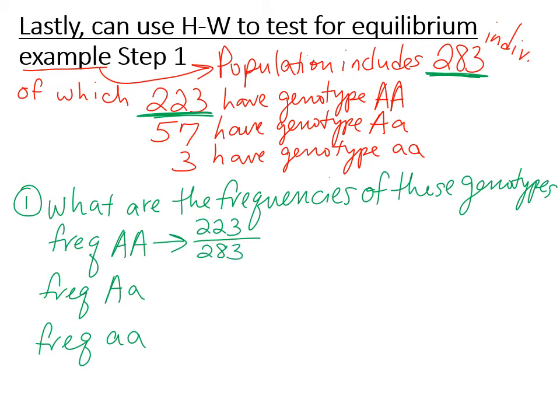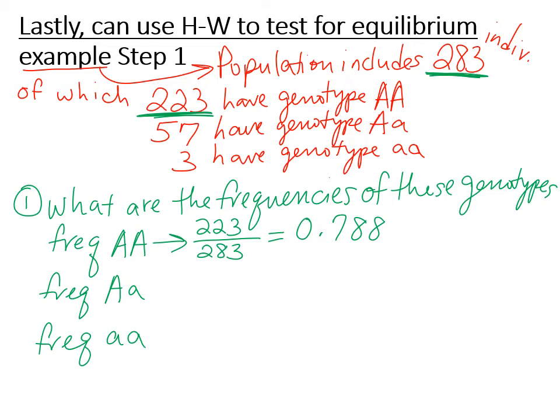Whenever you hear out of, you do division. Okay, so all you do is 223 divided by the total. That gives you the frequency. Okay, that's equal to 0.788. You can write in your notes that, again, you are dividing that genotype by the total number of organisms.